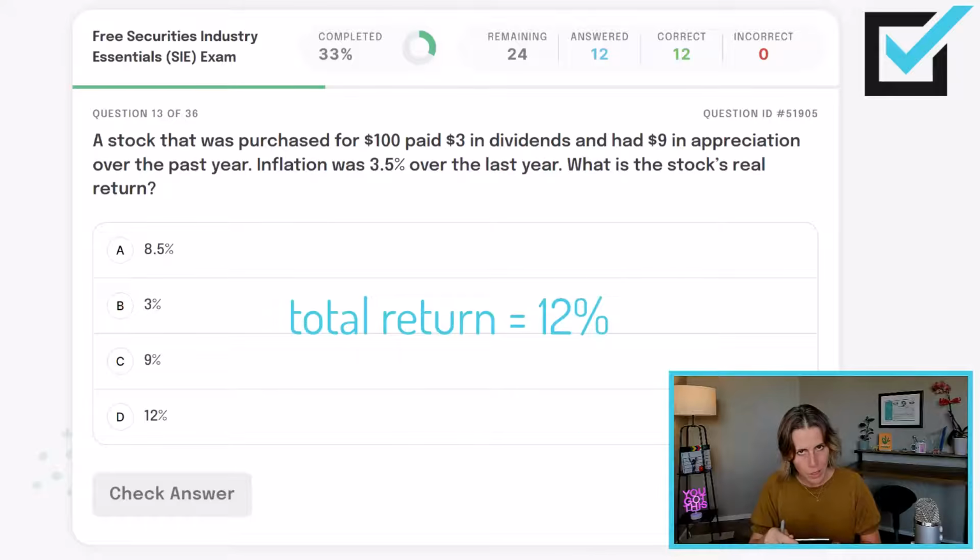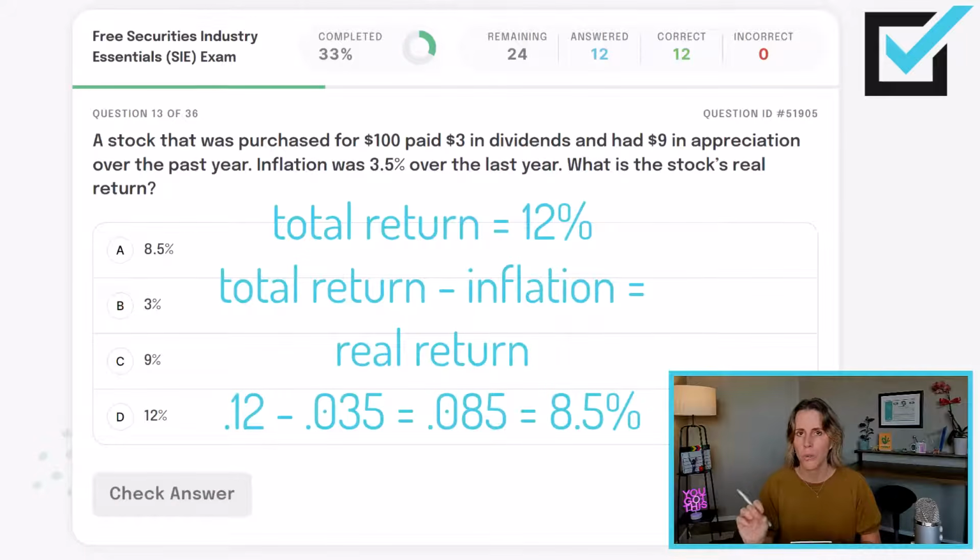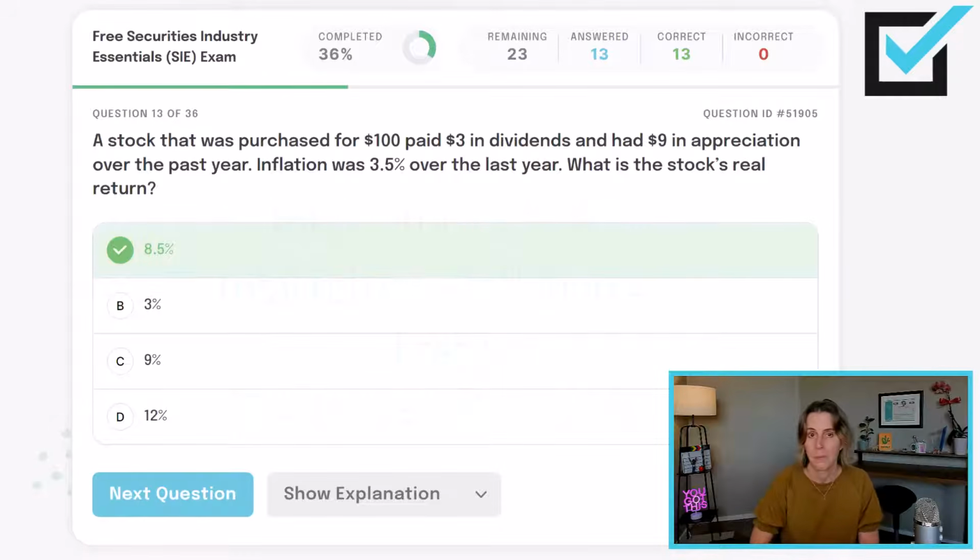What is real return? Real return is total return minus inflation. So we have to subtract from 0.12, 0.035, because it said inflation was 3.5% over the past year. So 0.035 is in decimal form. So we have 0.085, the stock's real return. Some math. Yes, you can do it.